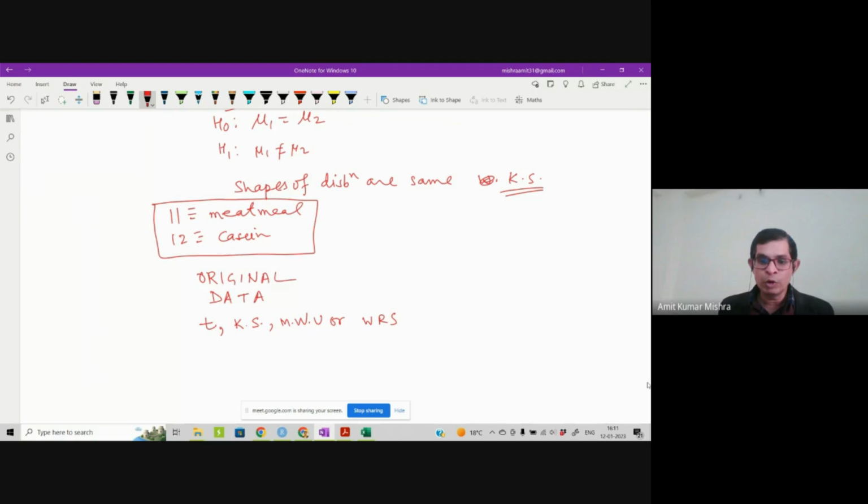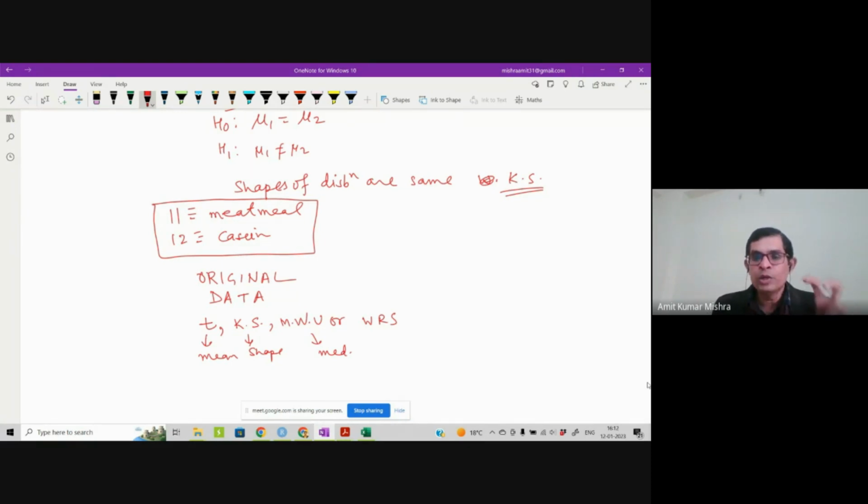This is for mean, this is for shape, this is for median. You can apply that on original data. But all of you know that for testing, there are some assumptions, such as data coming from a normal distribution. I'm not going into that.